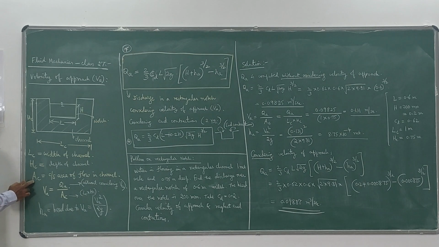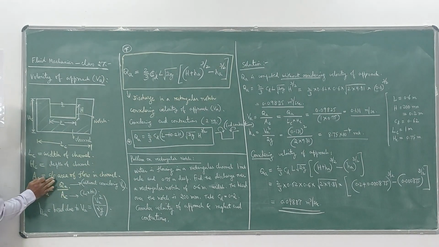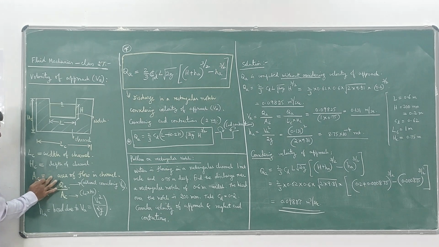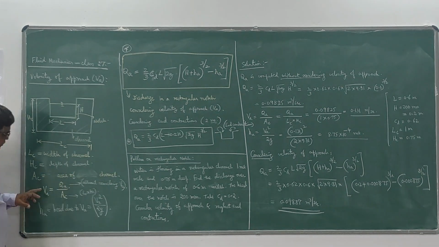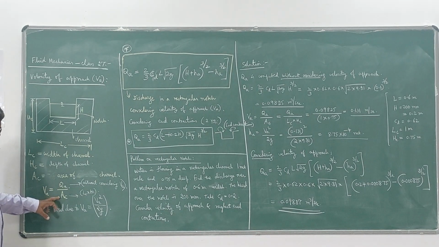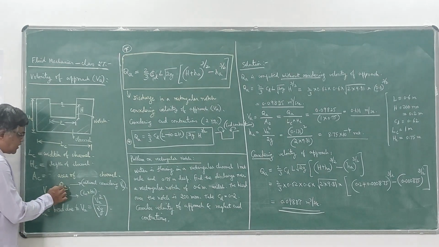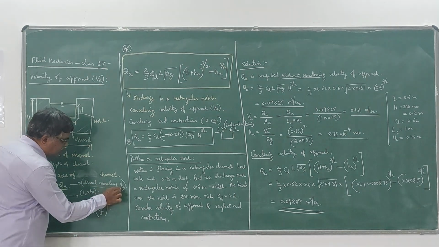So here AC is the cross-sectional area of flow in the channel, or you can take it as the area of the channel. Then velocity of approach, VA, is given by discharge divided by area of the channel. That means this discharge we have to take without considering the velocity of approach.